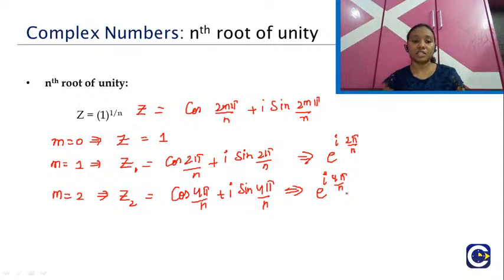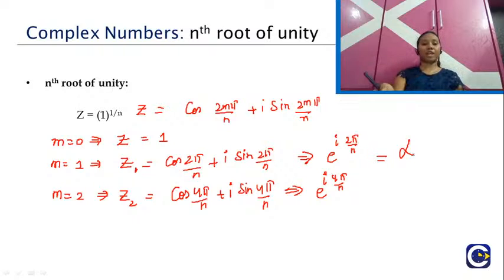So this is my third root when m value is equal to 2. So instead of that, I am going to take my e power i 2 pi by n and represent that with alpha. So how in cube root of unity we have represented the cube root with omega, here in nth root of unity, we are going to represent this e power i 2 pi by n with alpha.